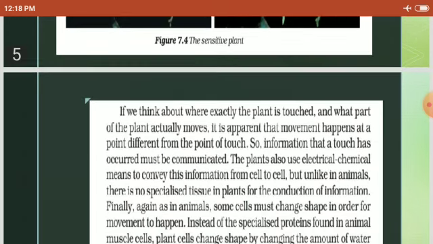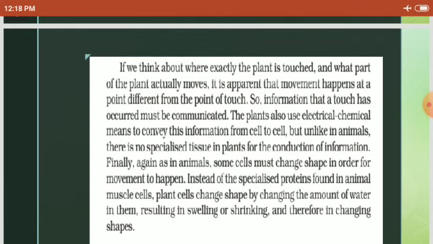But if you think about where exactly the plant is touched and what part of the plant actually moves, it is apparent that movement happens at a point different from the point of touch. So where you have touched, the movement is not there; the movement happens in another part. So information that a touch has occurred must be communicated.